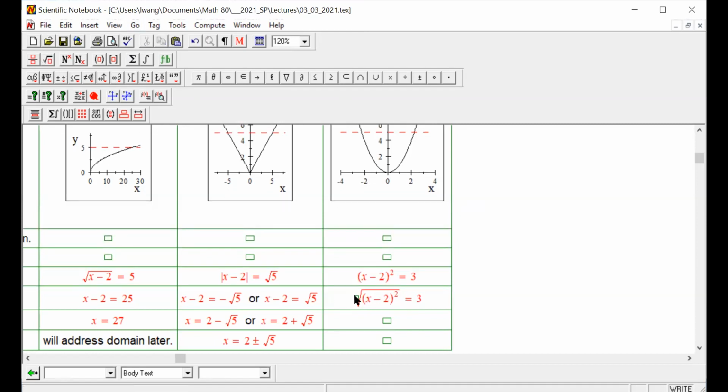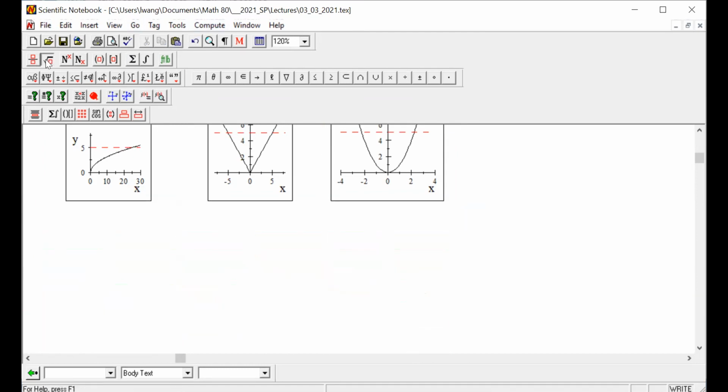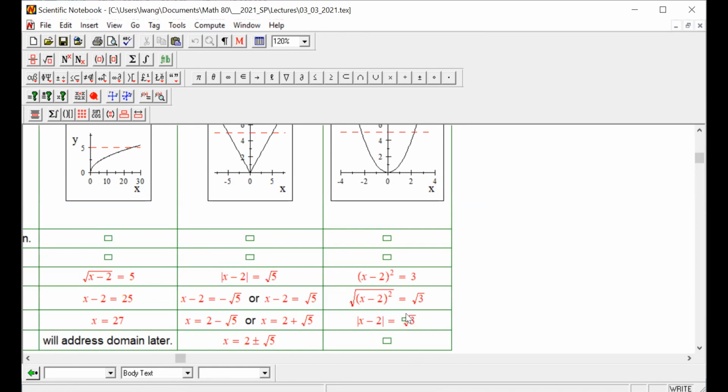Square root, and this is going to be square root of 3. Then you end up with the absolute value of x minus 2 equals square root of 3. And you can write it as x minus 2 equals plus or minus the square root of 3.